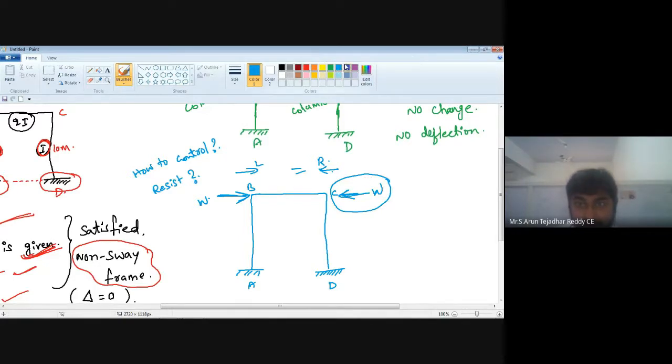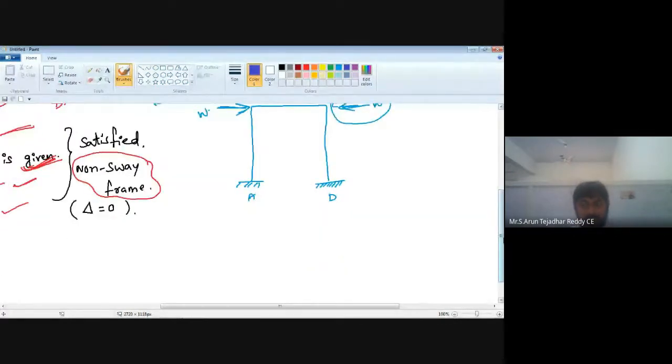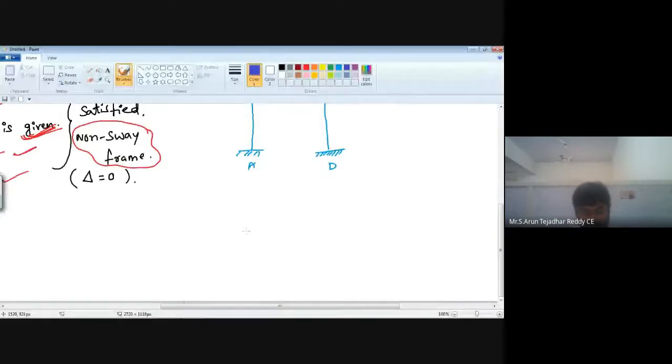So one more example here. See, I am not applying any load on the right side. But how to control here? Load W is acting. Now here one more example of how to control or how to resist.